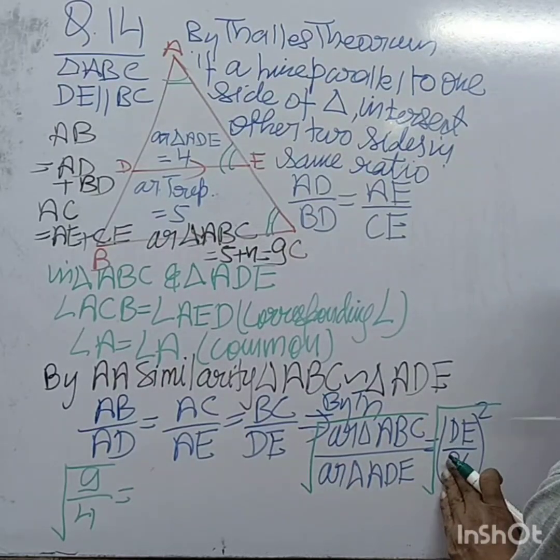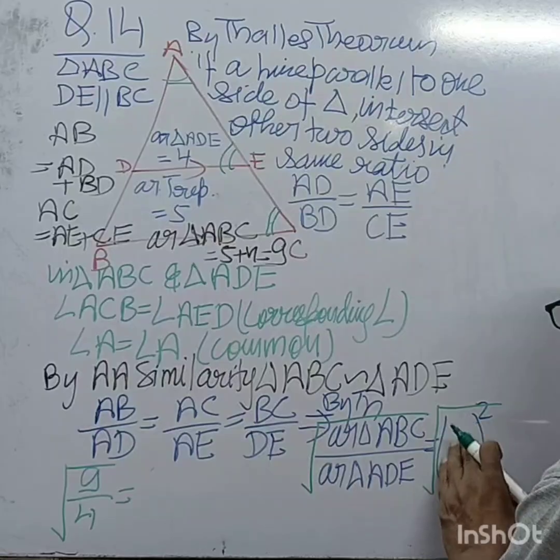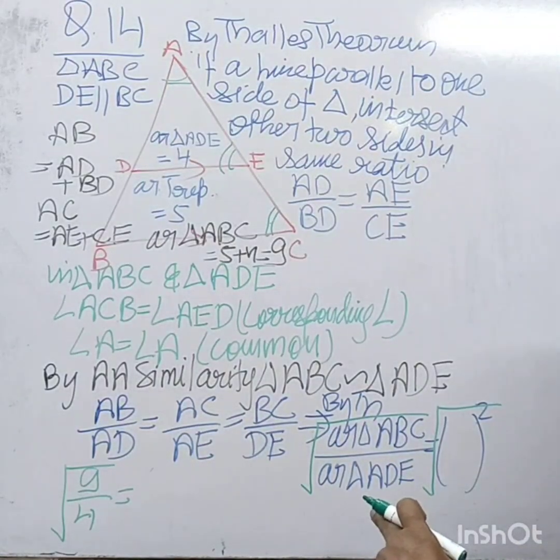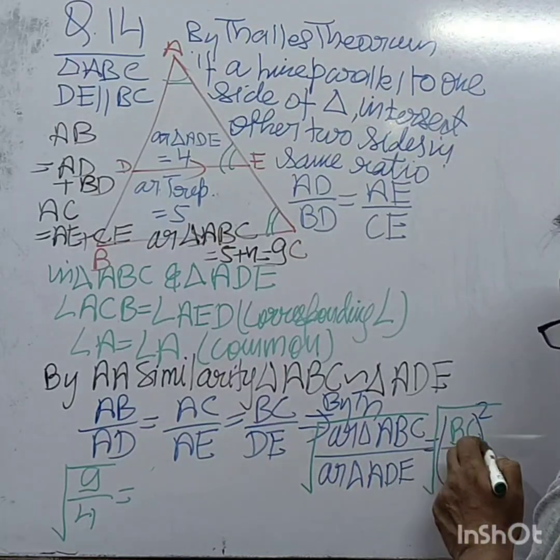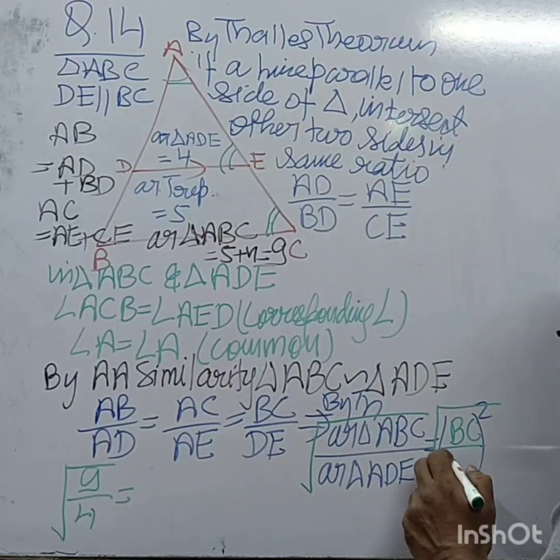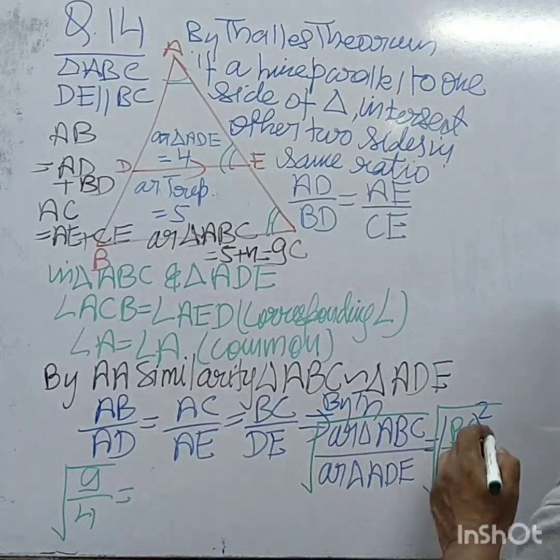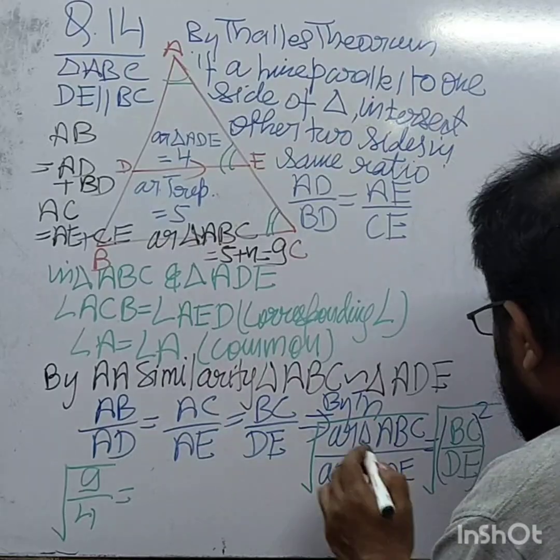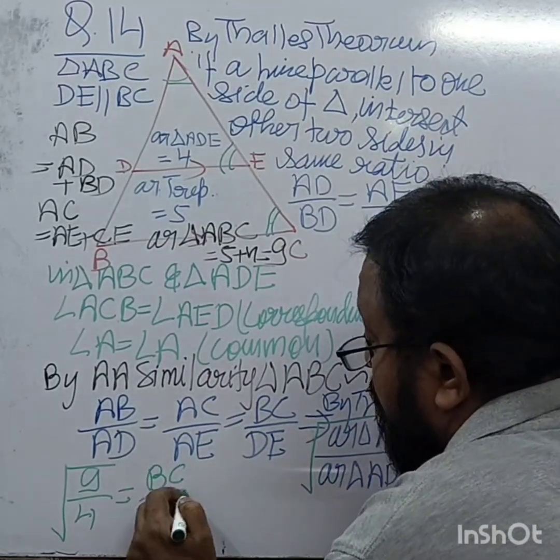No, I wrote wrong. Again, you did not say anything to me. You won't remind me. AB is first, right? So we will write here BC upon DE, right? So the root over is cancelled out. So it becomes BC upon DE.